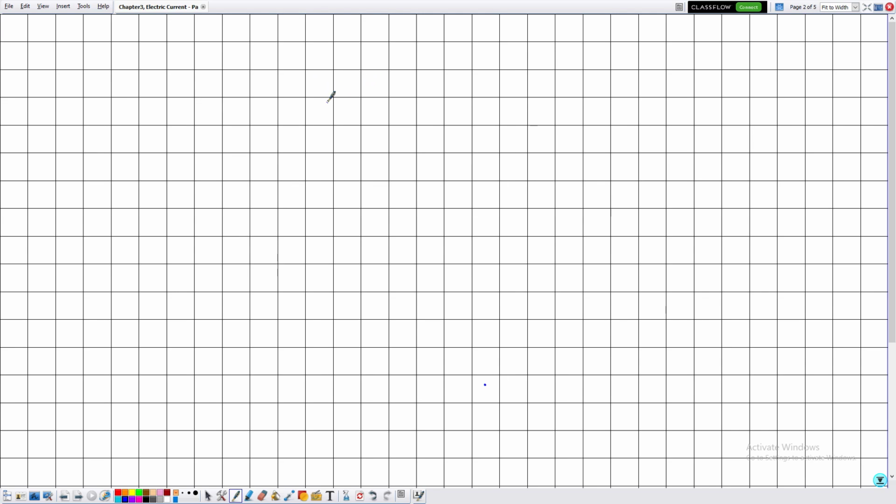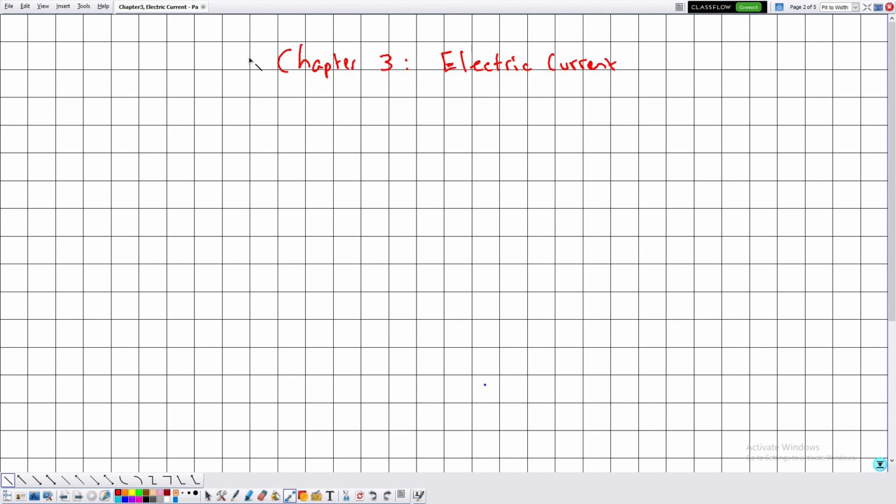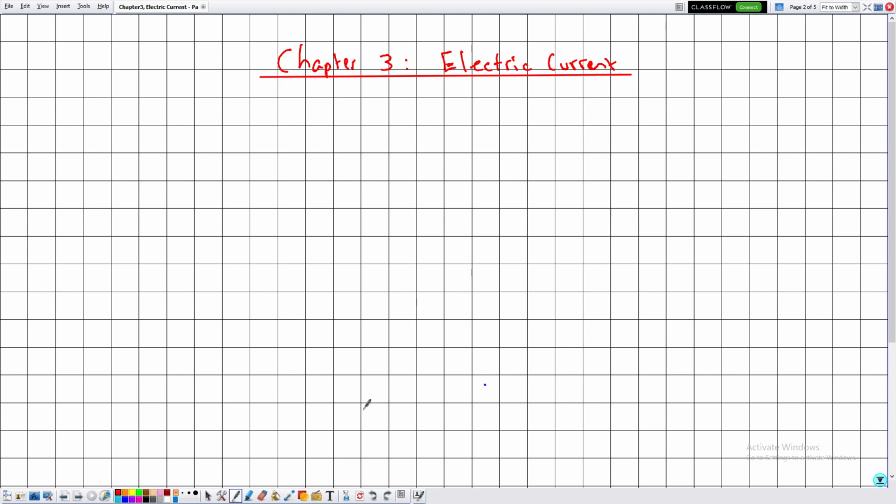Let me write down the title of the chapter, and let me directly start with section number 1, which is the electric current.